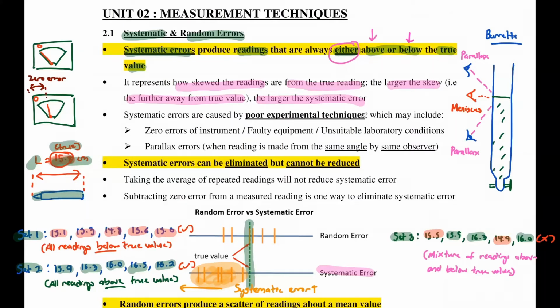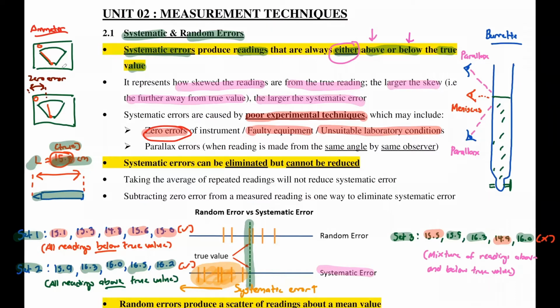Systematic errors are caused by poor experimental techniques, which is mainly attributed to the experimenter's fault. Systematic errors are caused by zero errors of your instrument, or faulty equipment, or unsuitable laboratory conditions. When talking about zero errors, take for example an ammeter that is used to measure current.